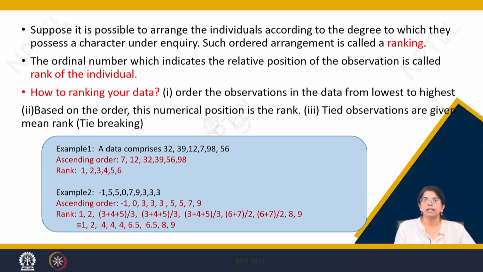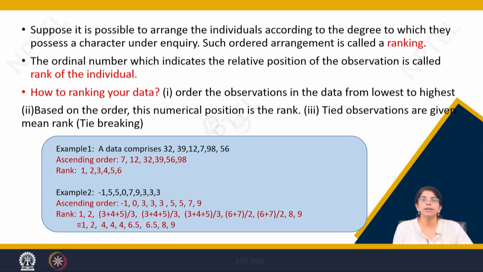Tied observations are also there. There might be repetition of the observations, and those we call tied observations. You have to break the tie to have the rank, which is a kind of averaging of the ranks, and this process is called tie breaking. We will see in a short while what tie breaking means.